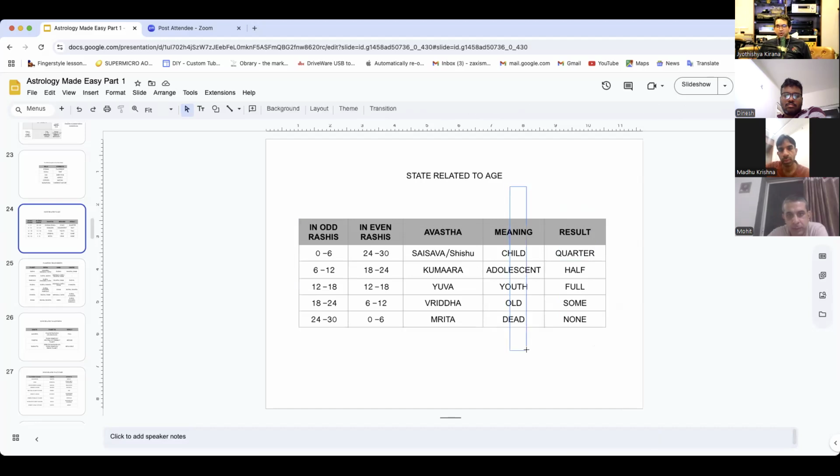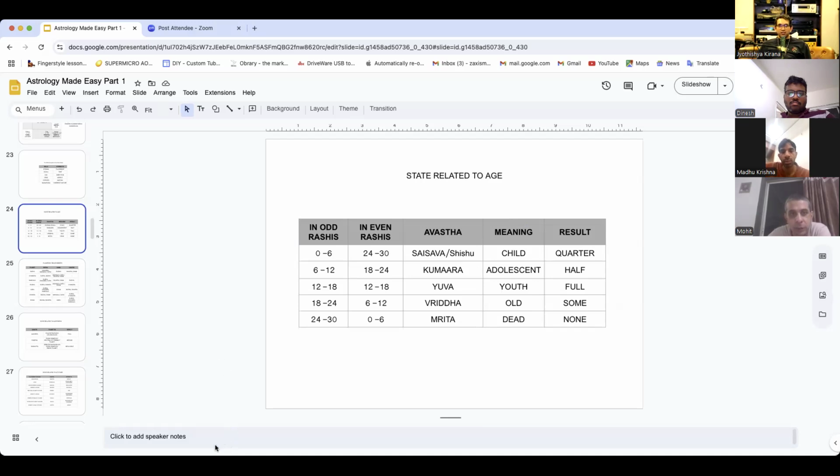But this is important. What? The Avastha. You see, for Shishu Avastha, the quality of the Graha is different. For Yuva Avastha, the quality is different. Getting my point? I gave that example of the child, no? Taking the example of any Graha, let us say Mangal Graha at 4 degrees at the birth time.